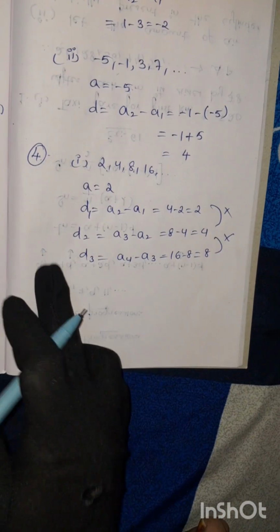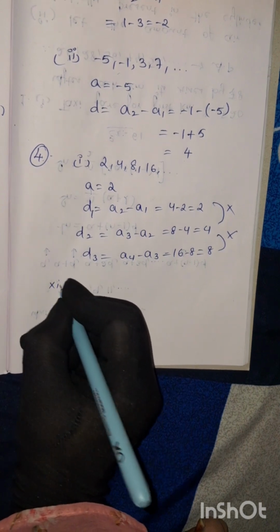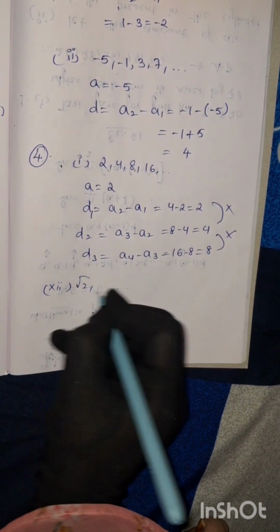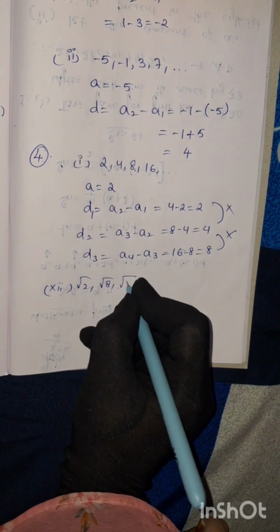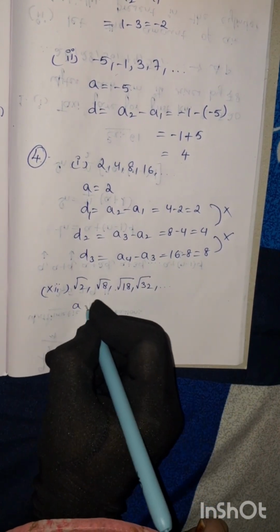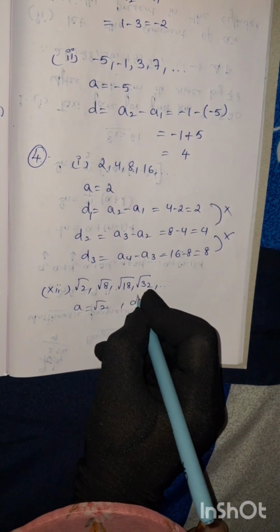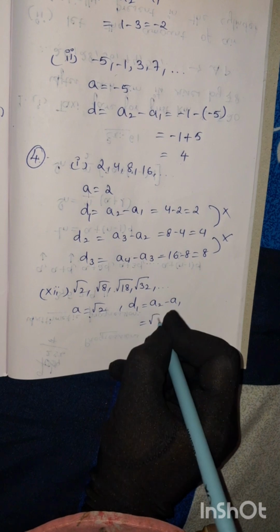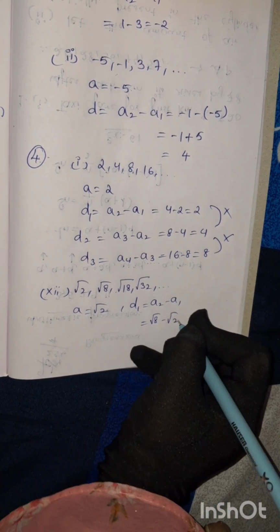Okay, similarly one more I'll show you. We'll do the 12th one. In this, root 2, root 8, root 18, root 32 and so on. So here the value of A is root 2. D1 is nothing but A2 minus A1, which is root 8 minus root 2, right?